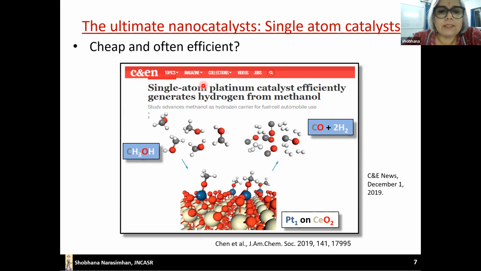If you have single atoms of platinum, these are the blue atoms on a ceria surface, then it is a good catalyst to convert CO2 plus hydrogen, carbon monoxide plus hydrogen, to methanol. It's been suggested that this could be a way of, for example, storing fuel in a vehicle.